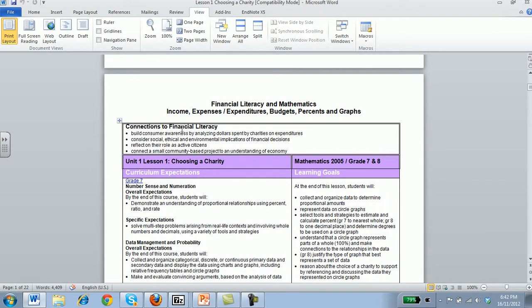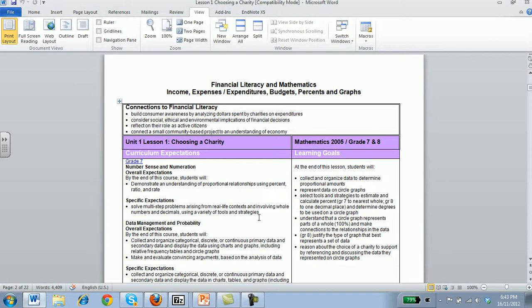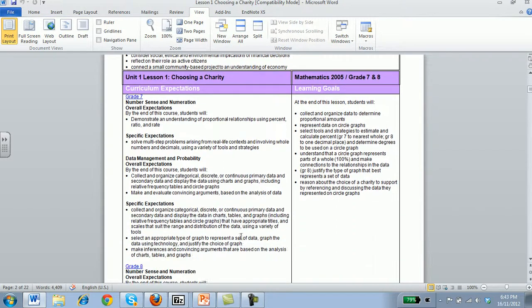So how it connects to financial literacy: build consumer awareness by analyzing dollars spent by charities on expenditures, the social, ethical, and environmental implications of those decisions, the reflection on their role as citizens, and things like that. And it uses the mathematics curriculum strands such as number sense and numeration, data management, and probability, and so on.